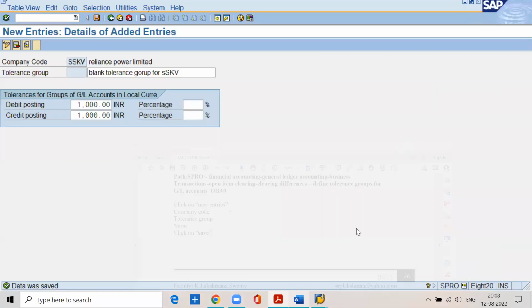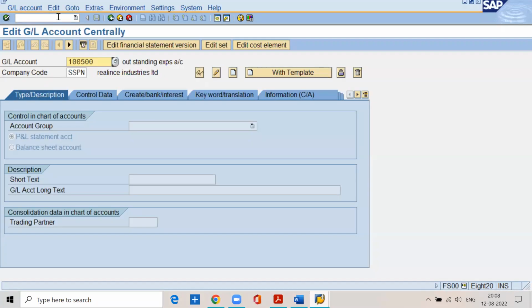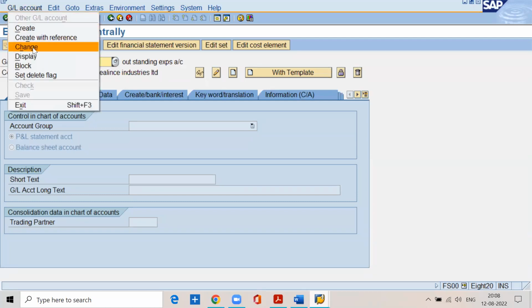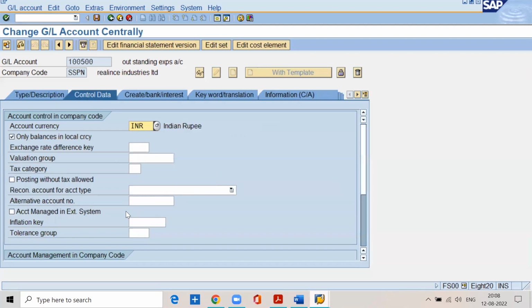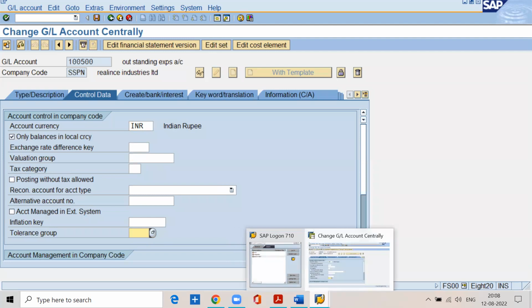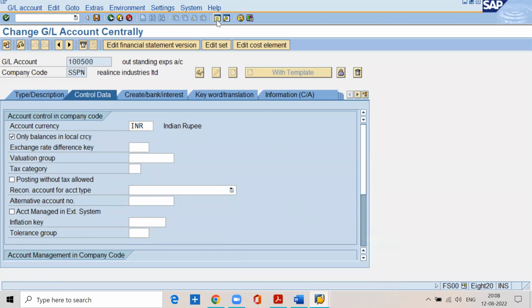Means what? Say for example, in the company code, I've shown you the GL account, no? In another company code, SSPN, we did not assign any tolerance group in the outstanding expense account. That means the values of the blank tolerance group apply.